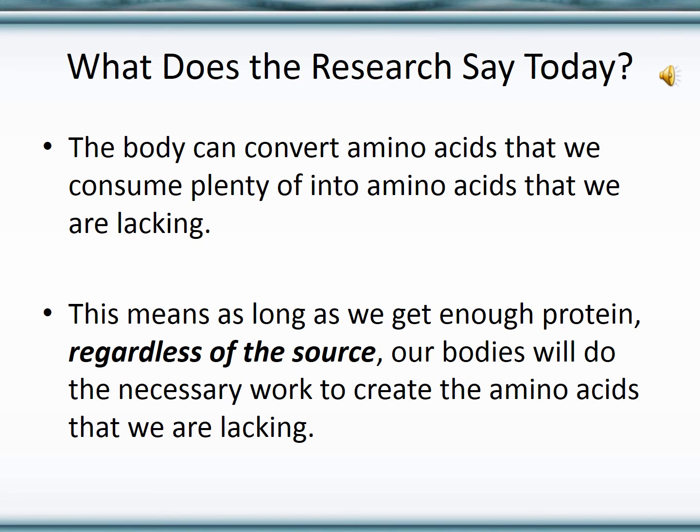Research today tells us that the body can convert amino acids that we consume plenty of into amino acids that we are lacking. So as long as we get enough protein, regardless of the source, regardless of whether or not it is 100% vegetarian proteins, our bodies will do the necessary work to create the amino acids that we are lacking.